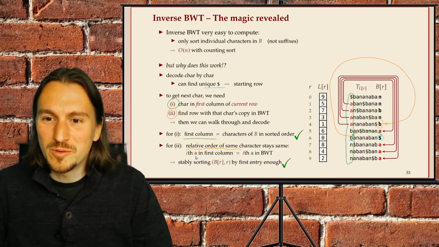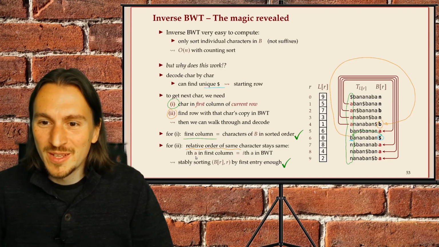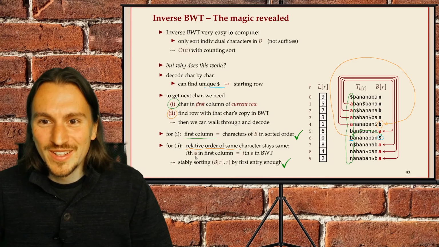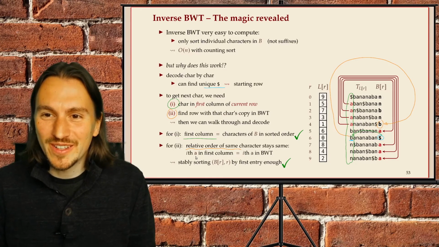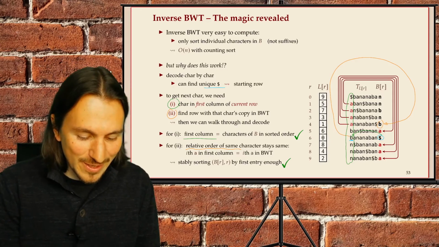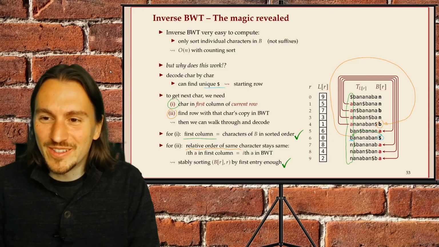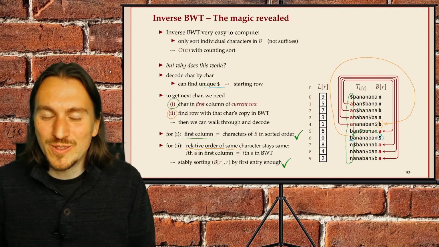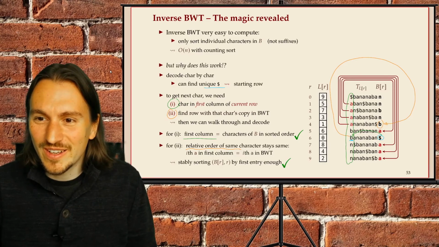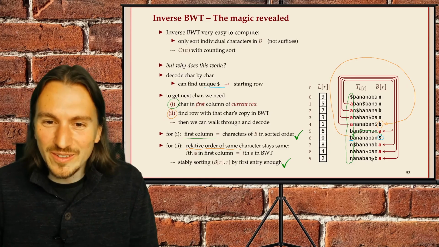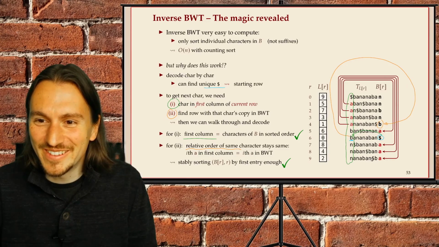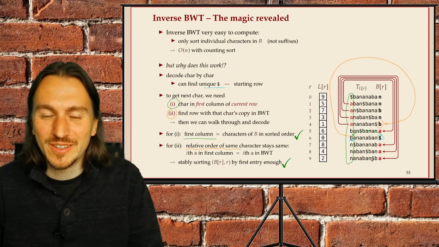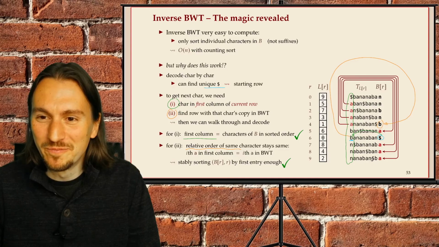And that's what we do by stably sorting the pairs. It's still a little magic, and I find it very exciting each time I see this, because the definition with the pairs is so simple and so easy to execute, and yet it takes a good deal of thought and caffeine to digest why this actually works and correctly decodes the BWT.